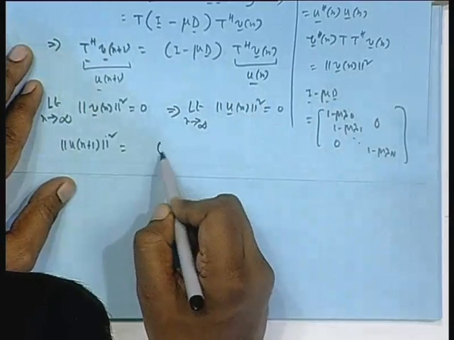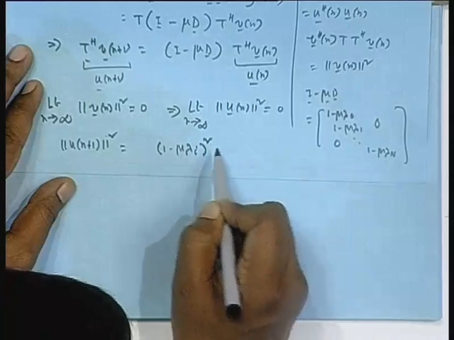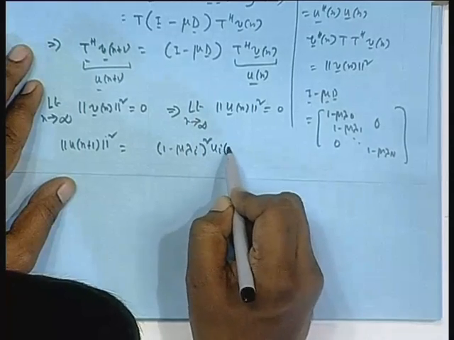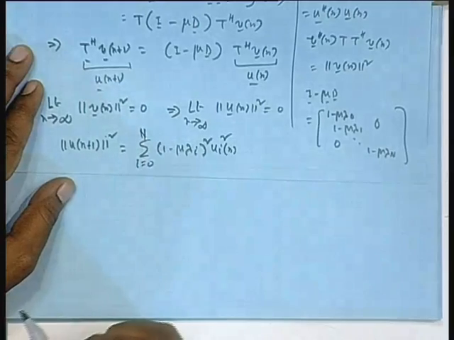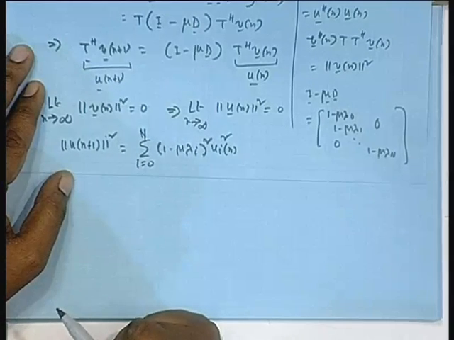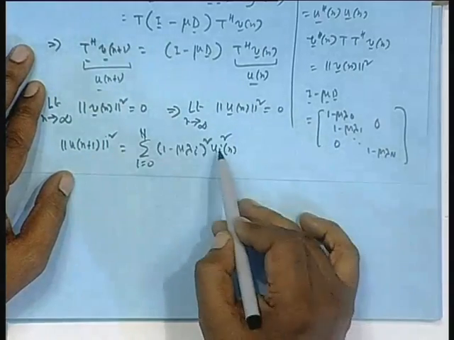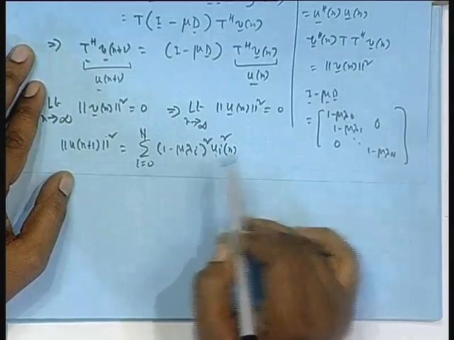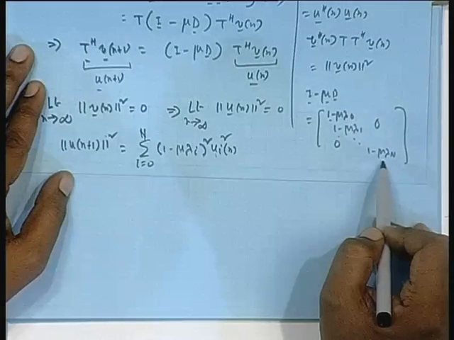So, that means the sum of 1 minus mu lambda i squared times mod U i n squared, i equal to 0 to n. So, simply each term U 0, U 1, U 2 is multiplied by 1 minus mu lambda 0, 1 minus mu lambda 1, 1 minus mu lambda 2, this way.